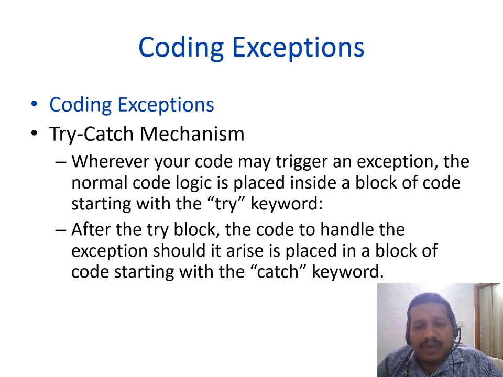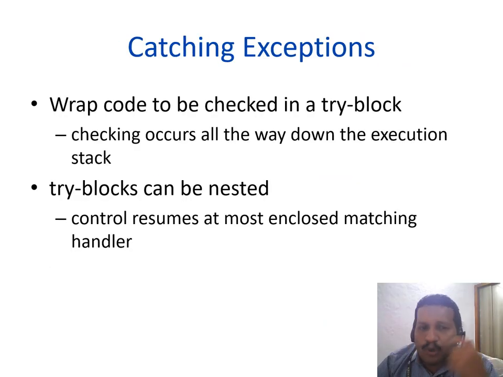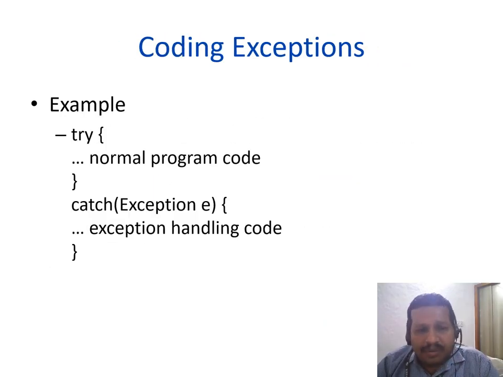Other than that, this is the normal program code. So this is what the example is. You have try, then normal program code. When you write this program code, if it has an error, the program will not stop. It will go to the catch exception and throw an exception error, so that we are able to identify why this error happens and what the type of error is.